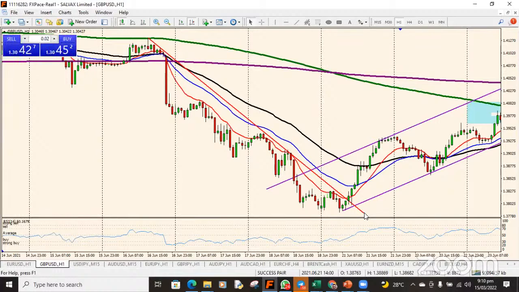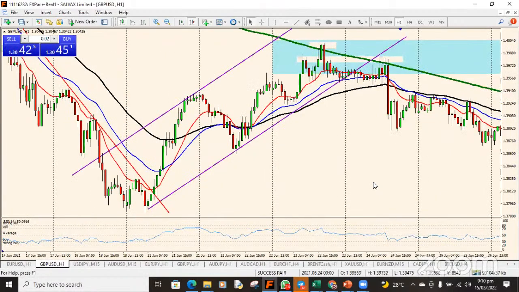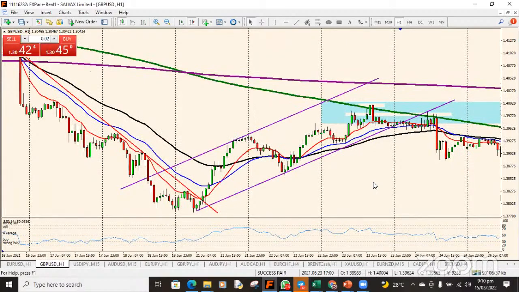In 1 hour time frame, you can achieve your goal, even in 15 minutes time frame, depending on the type of trader you are. Depending on the hours, no, maybe the minutes you are using.